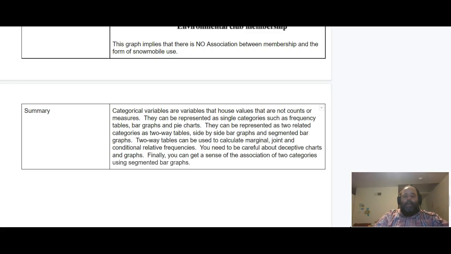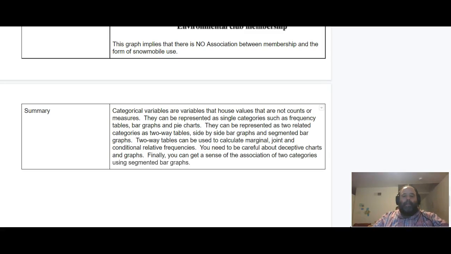They can be represented as two related categories using two-way tables, side-by-side bar graphs, or segmented bar graphs. Two-way tables can be used to calculate marginal, joint, and conditional relative frequencies, but you need to be careful about deceptive charts. That can happen by changing both dimensions in a pictograph or starting a vertical axis at something other than 0.